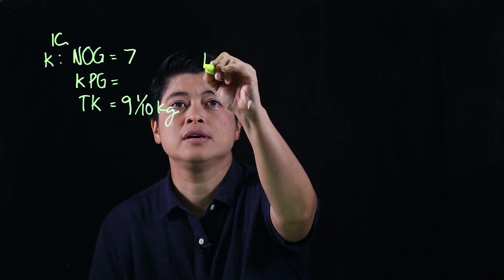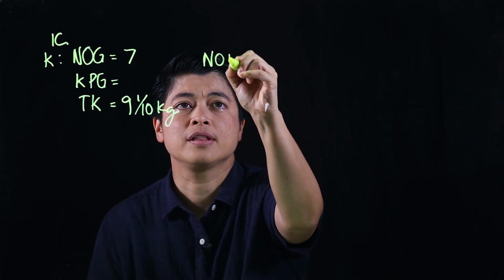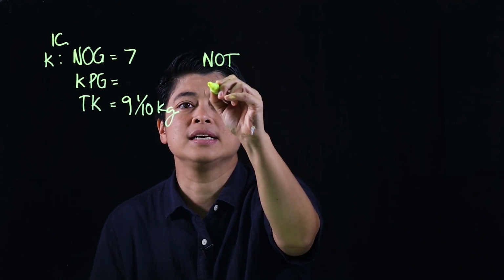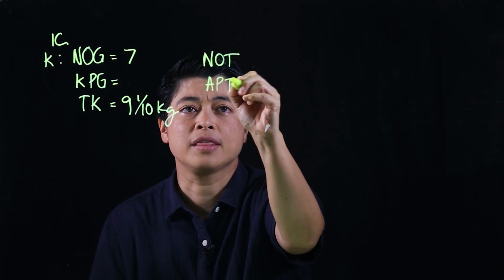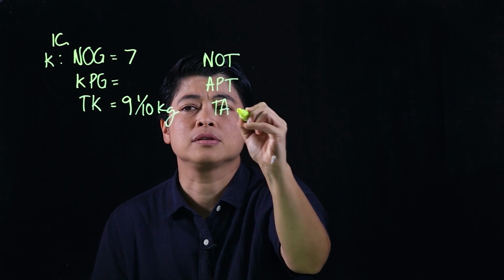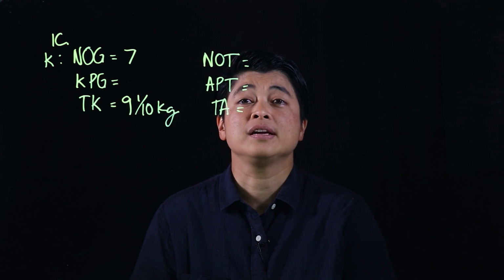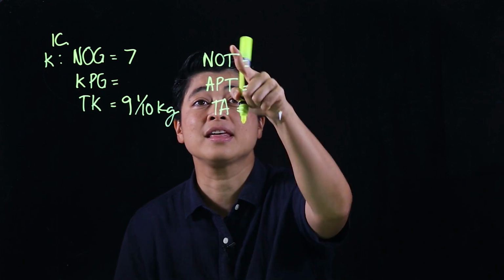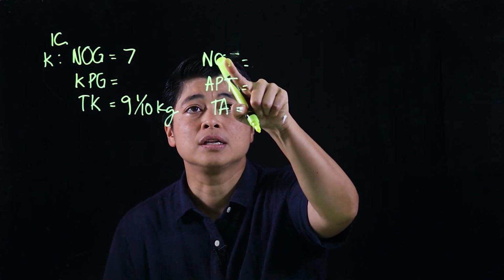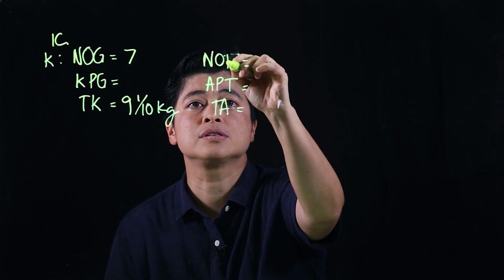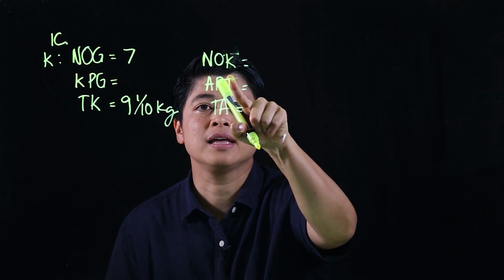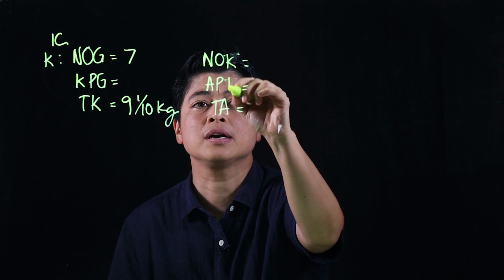Now this is number of things, amount per thing, and total amount. Why is it amount? Because there's dollars involved. Here the thing is actually kilos, so number of kilos, and this is amount per kilo.